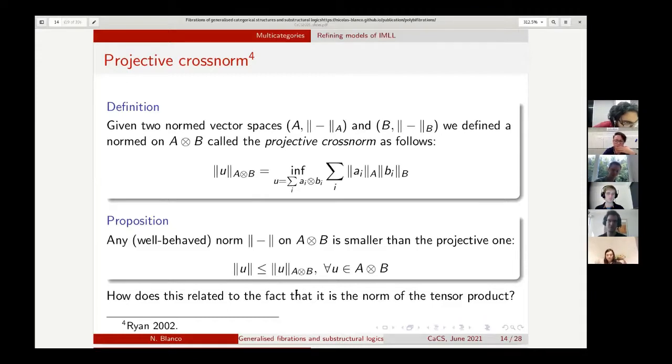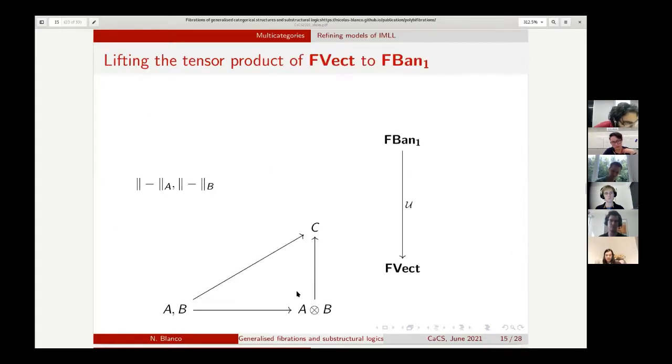And indeed it is, and it gives us a way to understand better why we want this norm on the tensor product of Banach spaces. And so to do that, we start with the universal property of the tensor product of vector spaces, so this factorization property. And we say, let's start with a norm on A and a norm on B. What I want to compute is a norm on the tensor product, and it should be a tensor of Banach spaces.